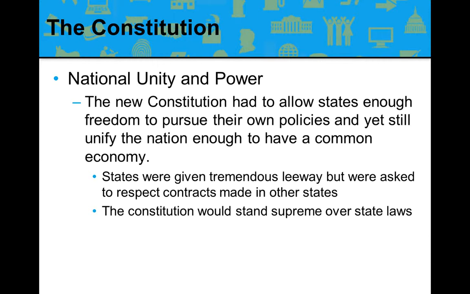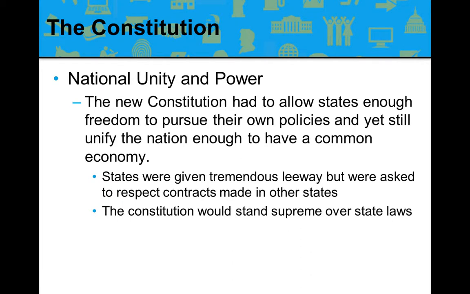Kind of in general, if I wanted to summarize what the Constitution provided, it gives the country some national unity and power that the Articles of Confederation failed to do. Remember, the Articles of Confederation was a failure because of the lack of federal power.